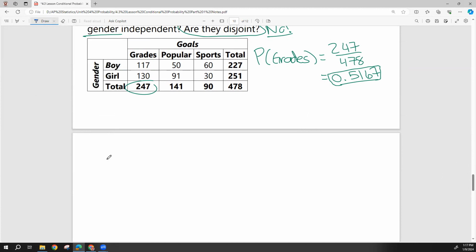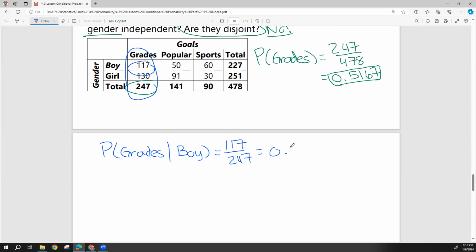We can then go look at conditional probabilities. What happens to the probability that grades is most important when we set the condition that you're a boy? So that is, if we look at this column, 117 boys out of the 247, which is 0.5154.